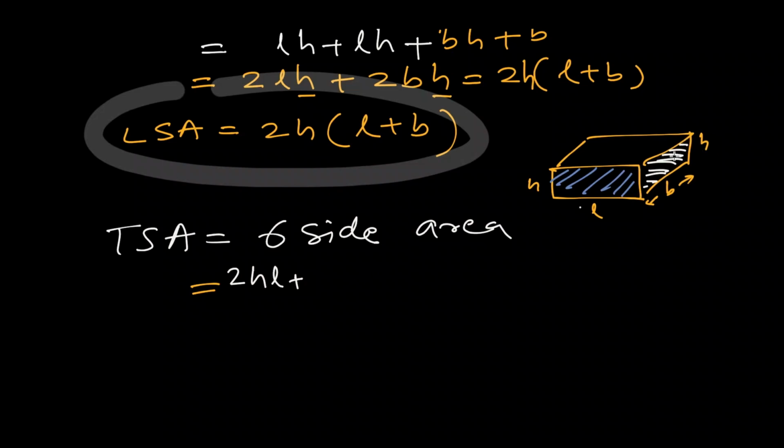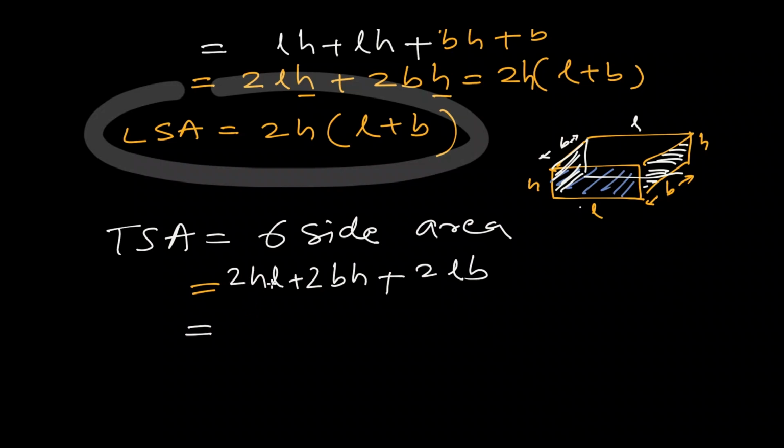In the same way, the side of this one is BH, this BH and this BH. Is it the same? Yes, we are going to take two sides, 2BH. Plus, now what is the top side? Top has L and the breadth B. So 2LB. This is the top side and this is the bottom side.